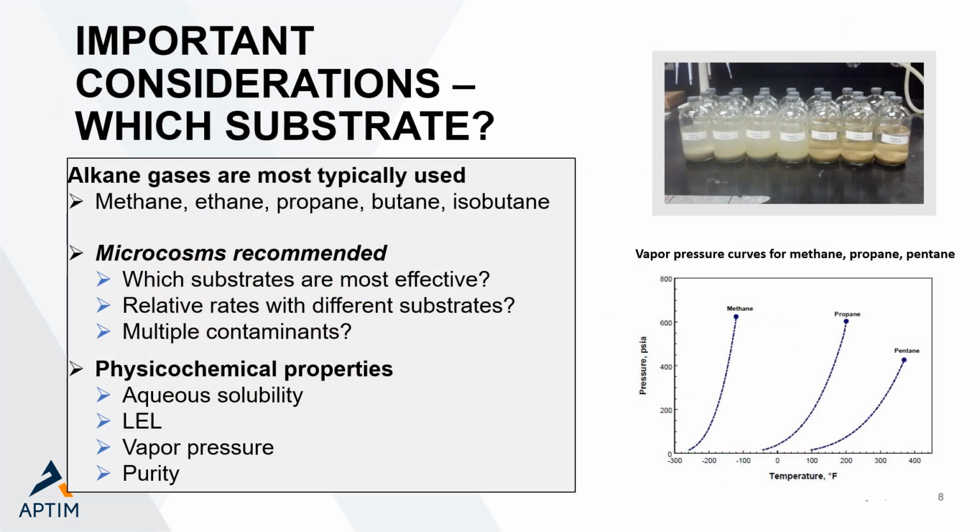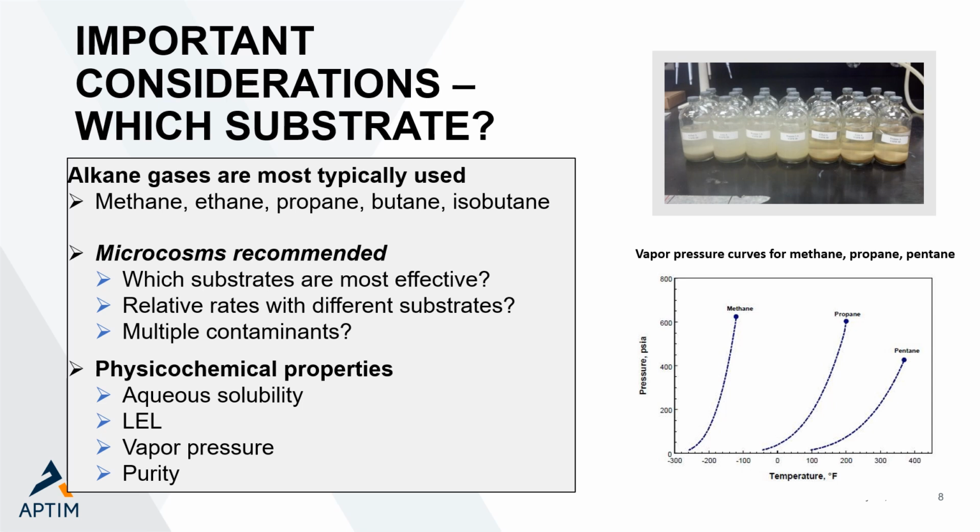The next important consideration is, which substrate should I use? There are a variety of different substrates that can be applied to stimulate co-metabolic processes, and they can stimulate different organisms, or there are cases where perhaps the organisms you're looking for aren't in the aquifer. So maybe you don't have propane degraders, but you do have good populations of methanotrophs.